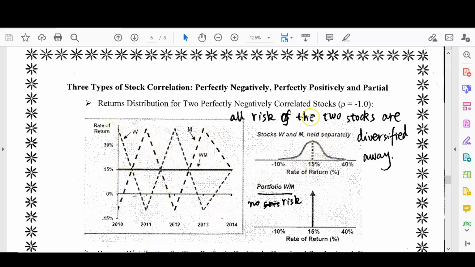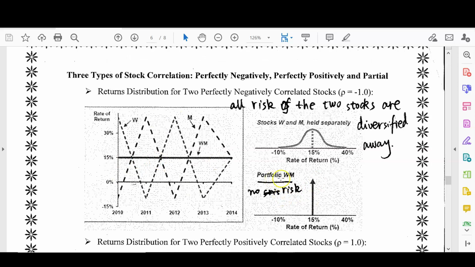Very stable, and the risk of the two stocks is totally diversified away. If we look at these stocks separately, each of them has risk. They still go up and down around the expected return. But when we have the portfolio WM consisting of these two stocks, there's no risk at all.